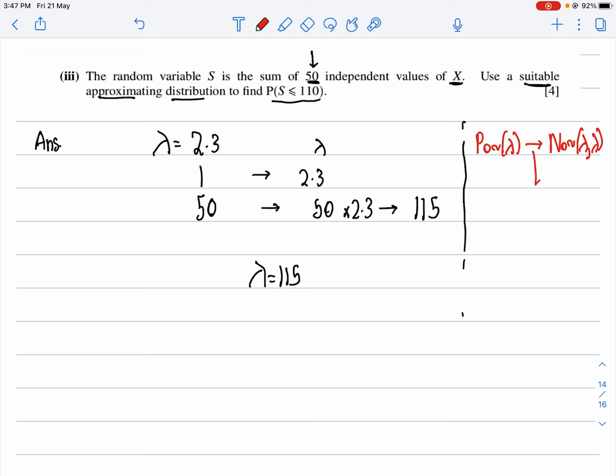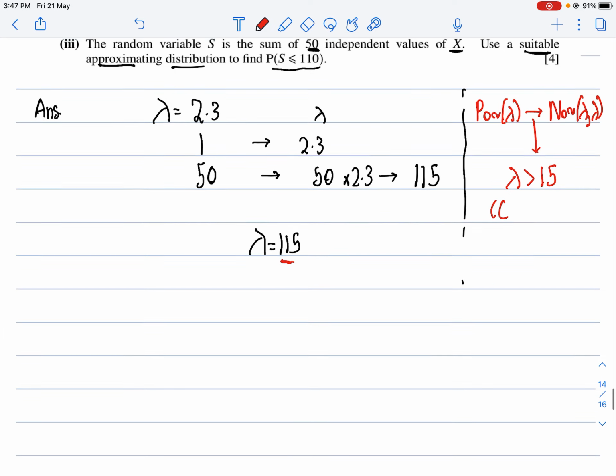The condition is that lambda should be more than 15. This is the important condition you need to know. When you convert this, there will be something called a continuity correction. Now if you see, your lambda is more than 15 because it's 115.